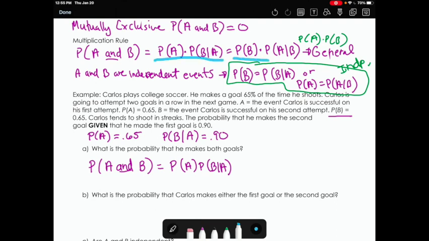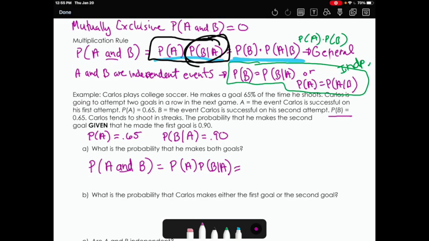We can write it this way, or we can write it this way, which I just highlighted in blue. Either way, those will be equivalent. However, because we were given the probability of B given A, I chose to use this first formula because this is the information that we have.